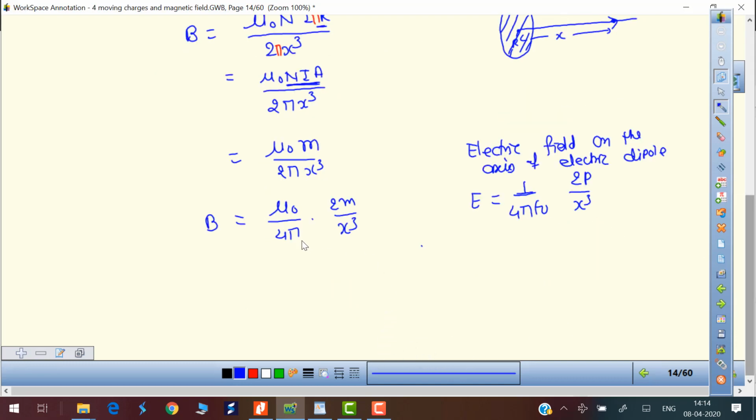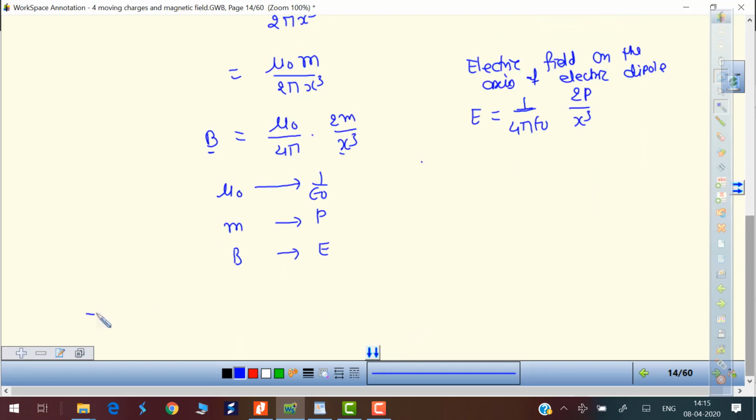So if you compare these two, here mu 0, in electric field you have 1 upon epsilon naught. Here you have magnetic moment, in electric field you have electric dipole moment. This x cube very similar. In this case we have B, in electric field you have E. So you can say that magnetic field at large distance from the coil is like a dipole of electric field.